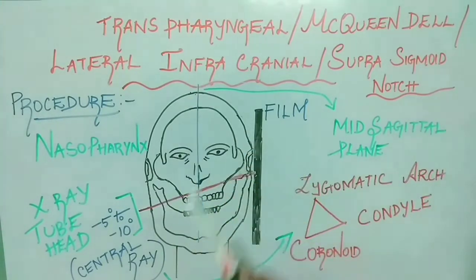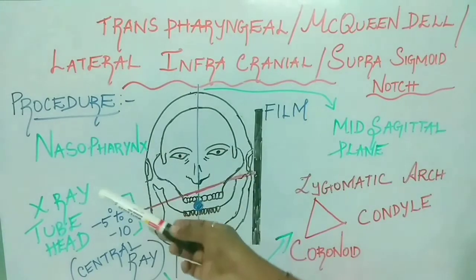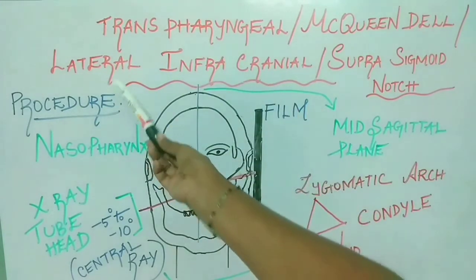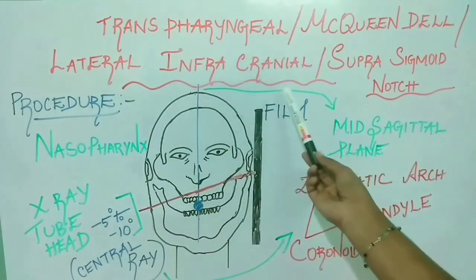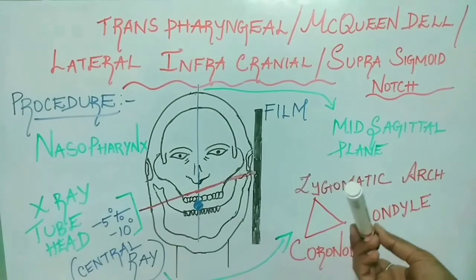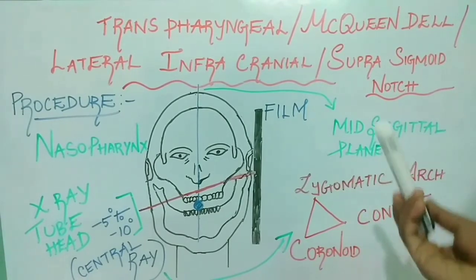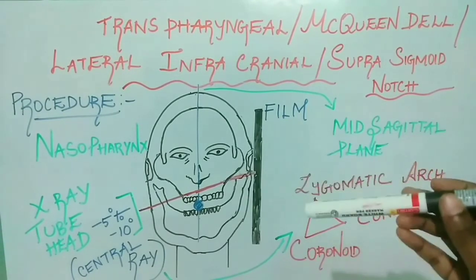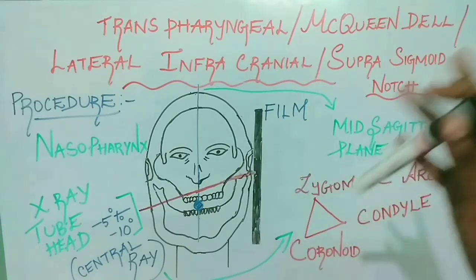So we are directing the central ray laterally just below the cranium. That's why it is known as lateral infracranial projection. Infra means below. The patient is instructed to slowly inhale through the nose during exposure. This is to ensure filling of the nasopharynx with air.